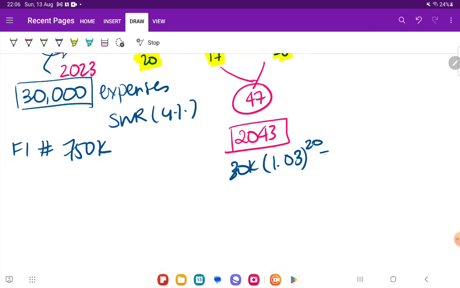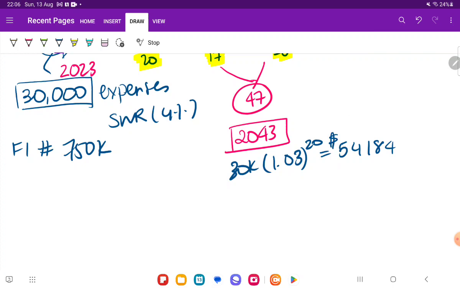So in 20 years, that 30K is actually 30,000 times 1.03 raised to the power of 20, which is actually 54,18. Let's just say 54.